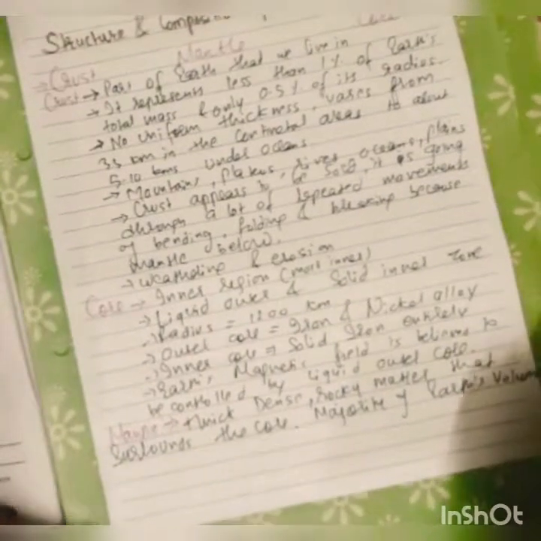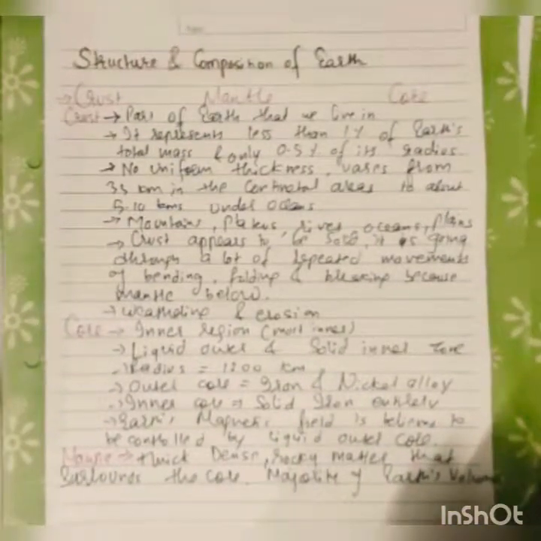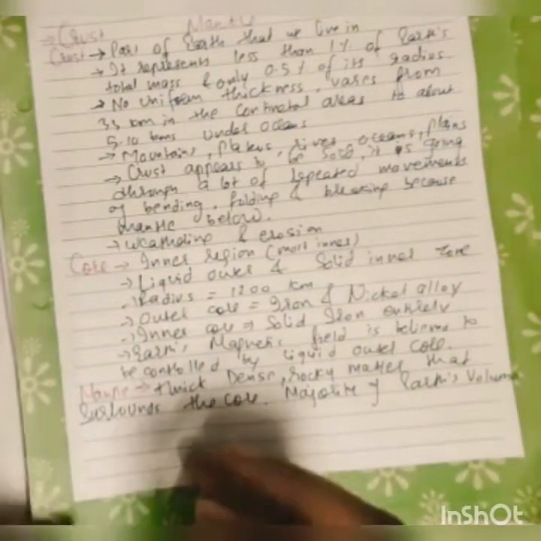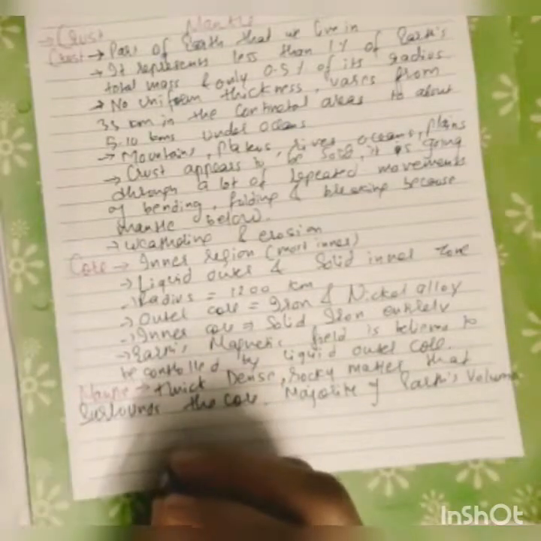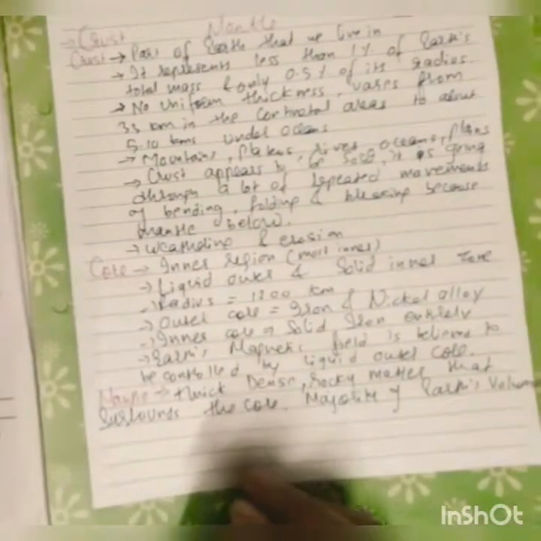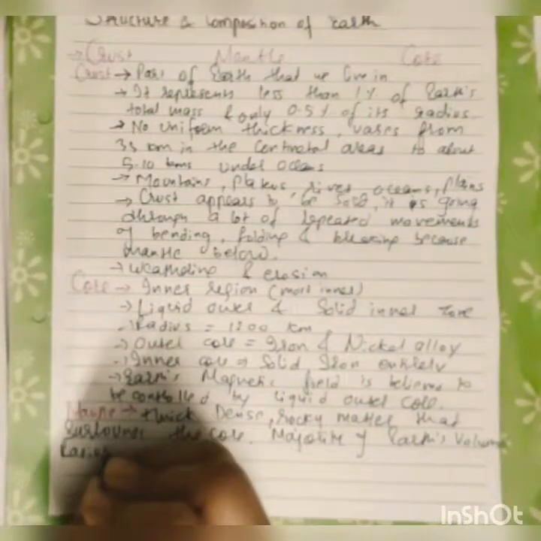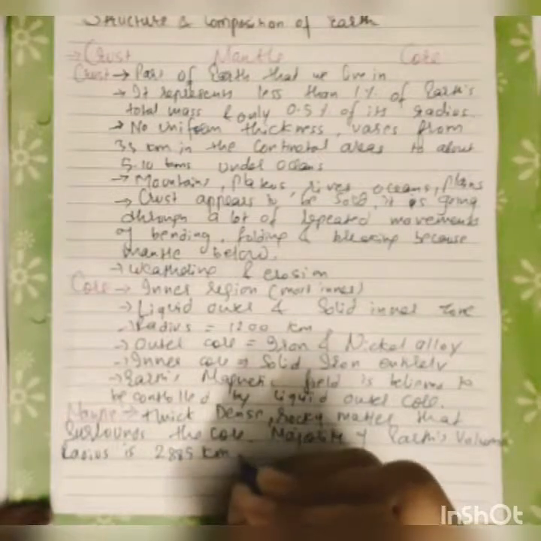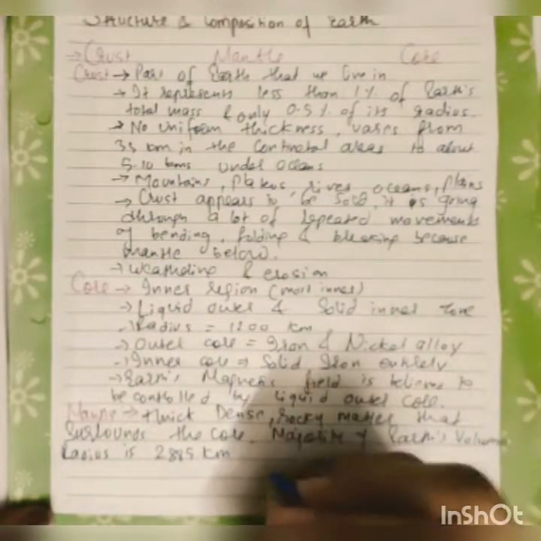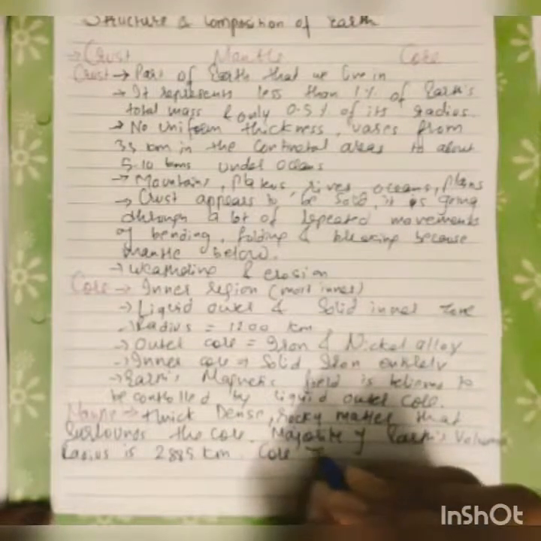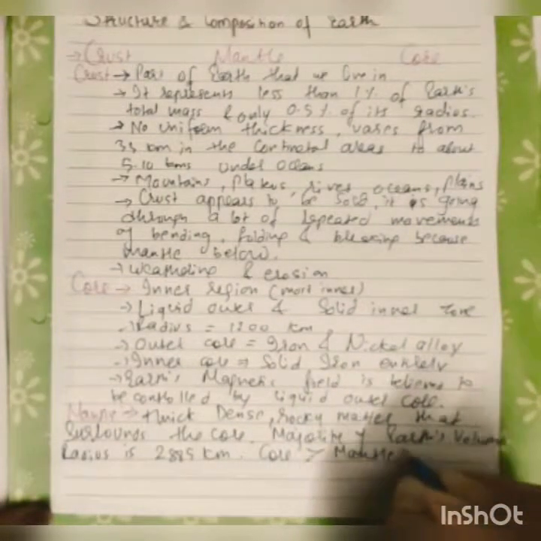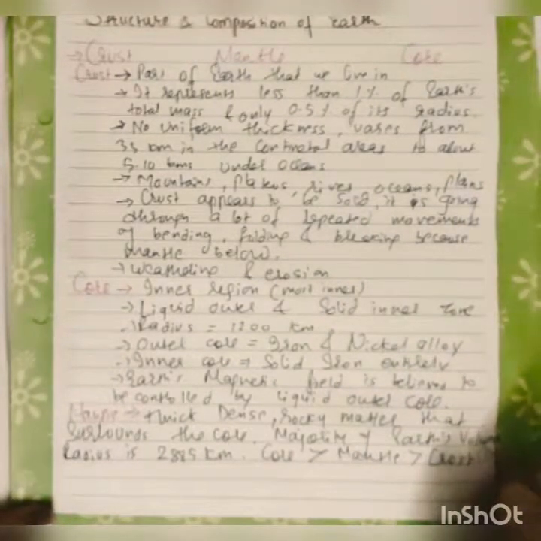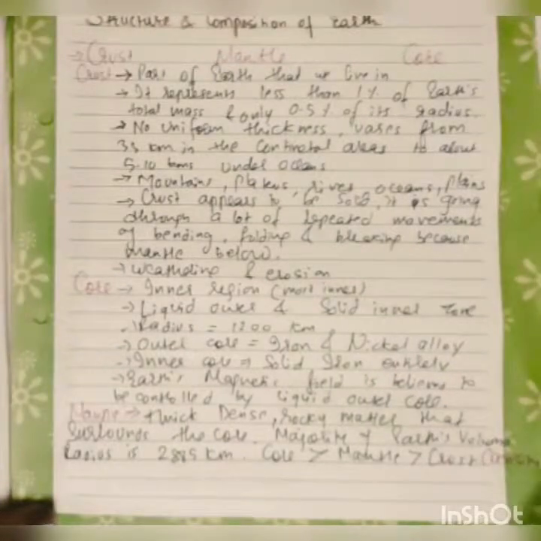So the Earth's volume is majorly because of the mantle. Then we can also say that the radius is about 2885 kilometers. Obviously, density wise, core, mantle, and crust. So this is density.